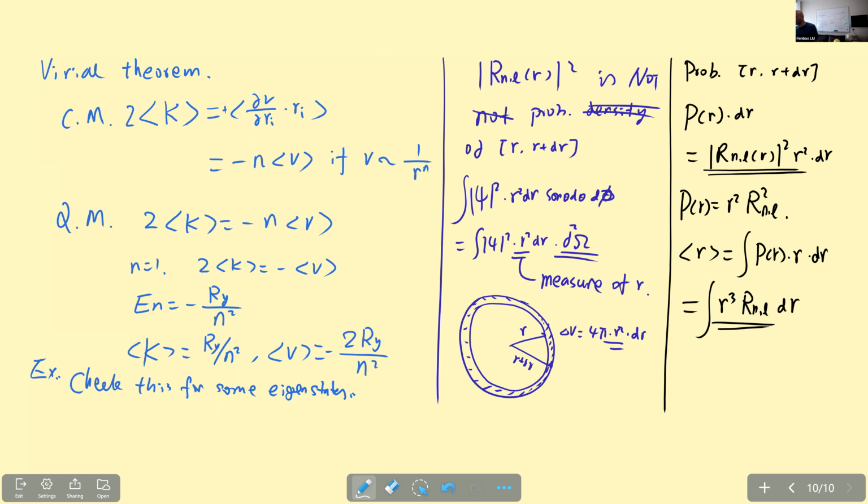It's interesting to know the shapes of those orbitals and to have more knowledge about those spherical harmonics. We're going to have some pictures next time, but for the moment, I think we have some basic knowledge about the eigenstates of the hydrogen atom.